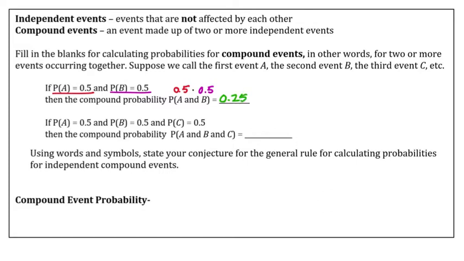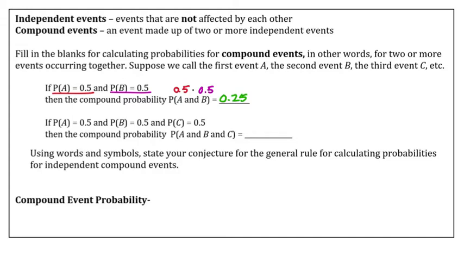Now I'm just going to leave this as a decimal because they gave us decimal values. But as percentages, remember, this is like saying, well, the probability of something happening here is 50%. The probability of the second independent event is also 50%. 50% times 50% is 25%, half of 50%.